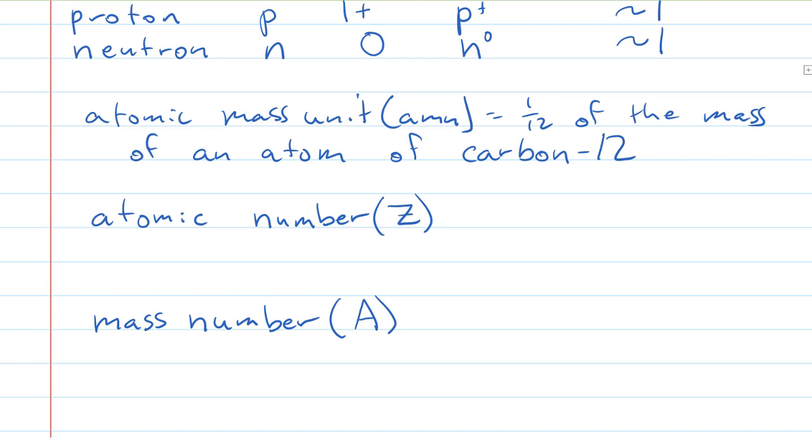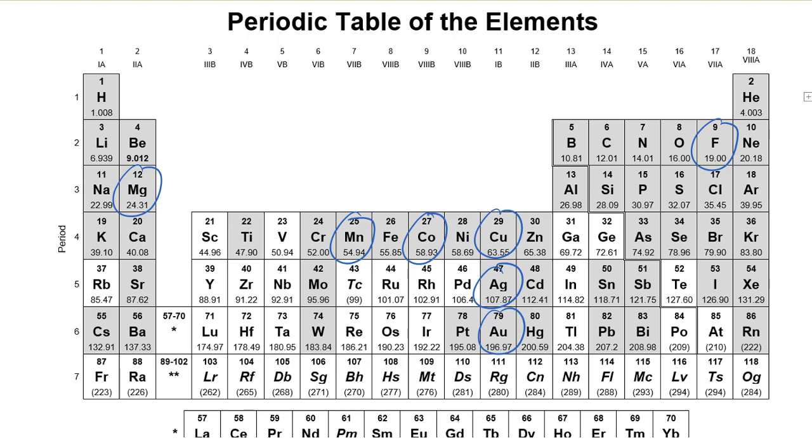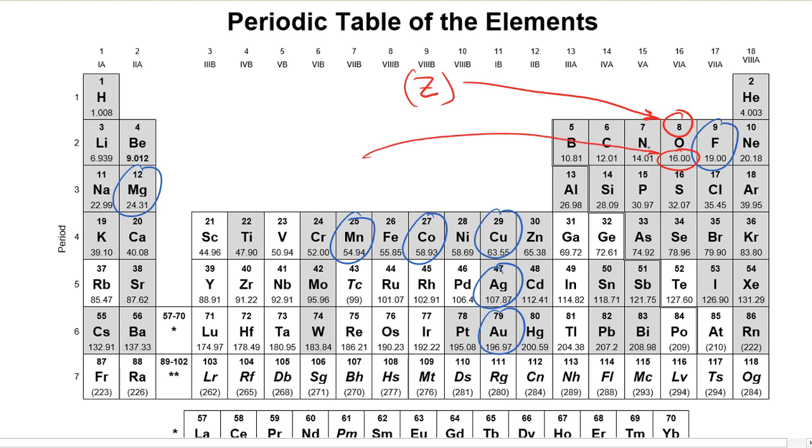And if we come back to the periodic table, let's say we use oxygen as an example. What is the atomic number of oxygen? 8, exactly. So this top number in the box represents the atomic number, or the Z value. Now if you look at this periodic table, you will not find the mass number on here. Rather, you're going to find this value down here, which is called the atomic mass.